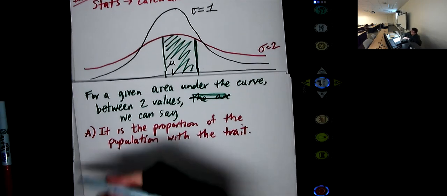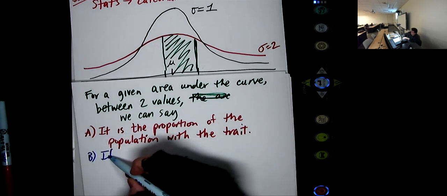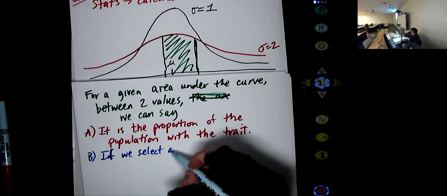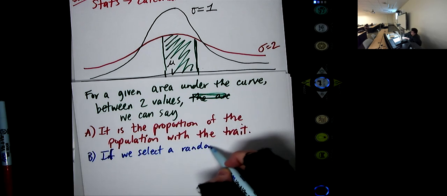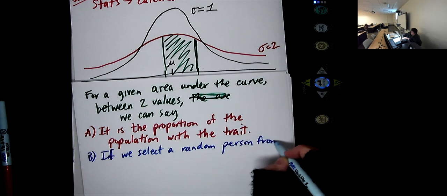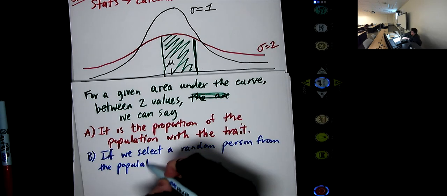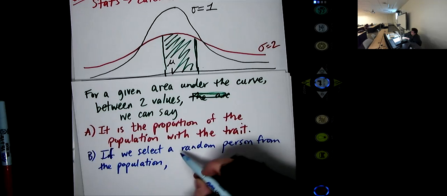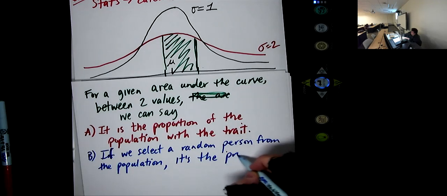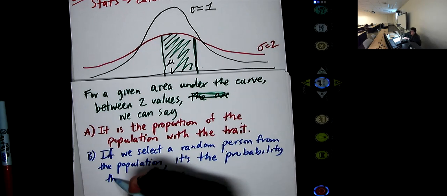The other thing it can represent is if we select a random person from the population, it's the probability that the person possesses the trait.